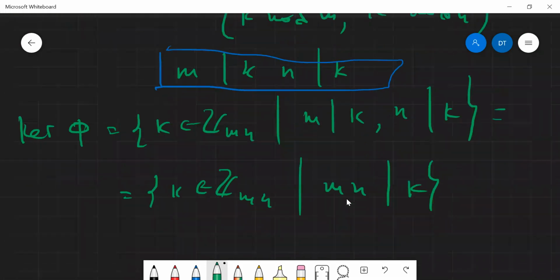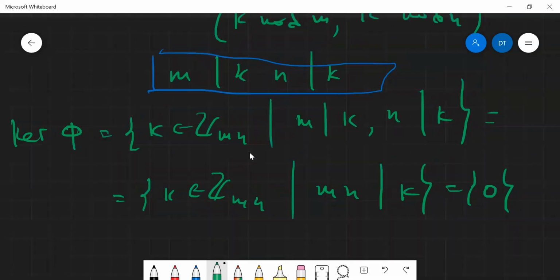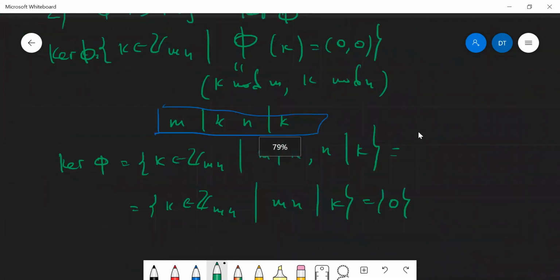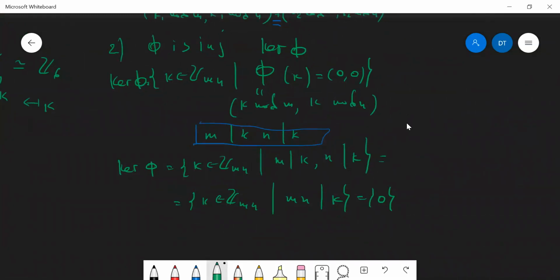But since k is an element from 0 to mn minus 1, the only option here is k equal to 0. And that's it. The kernel consists of the 0 element only. So we know that it's injective. So let me show you the whole proof. Are there any questions regarding the proof?